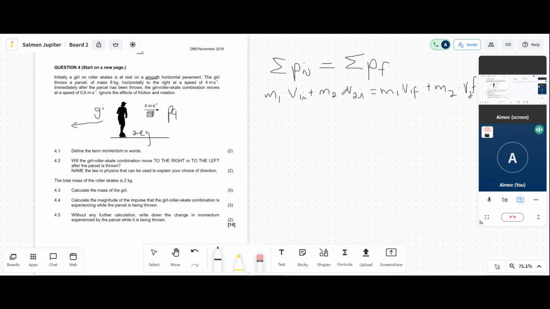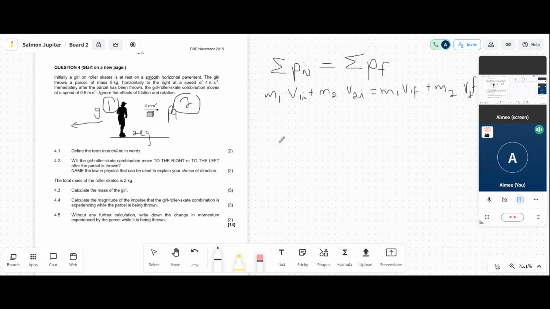Okay, so from here, we can substitute in the values that they have given us. I'm going to make the girl object 1, and the parcel object 2. They want the mass of the girl.